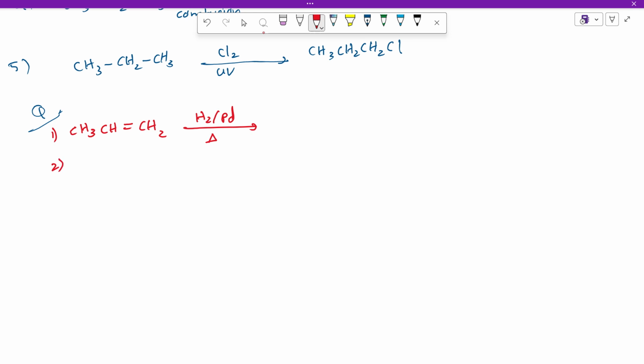Number 2, I'll give you some questions with regard to alkenes as well, because then teaching you the next concept would be quite easier. This is just a practice session. Once you are able to do this, better do this as quickly as possible. CH3CH2CH2Br.